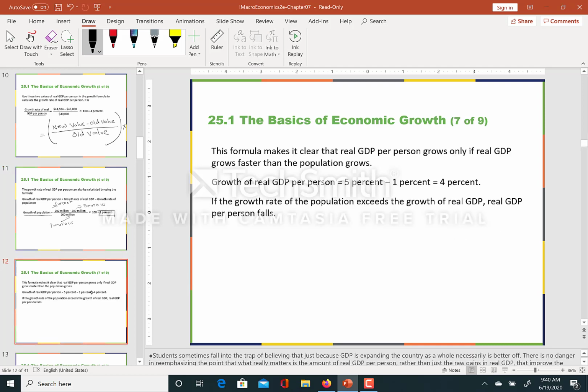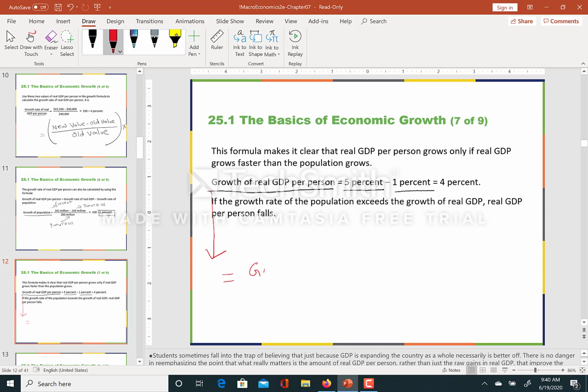Now look at the growth rate of real GDP per person. This is equal to the growth rate of real gross domestic product, and from that we subtract the growth rate of population. So let me just point this out. What we are trying to find out is the growth rate of real GDP per person.